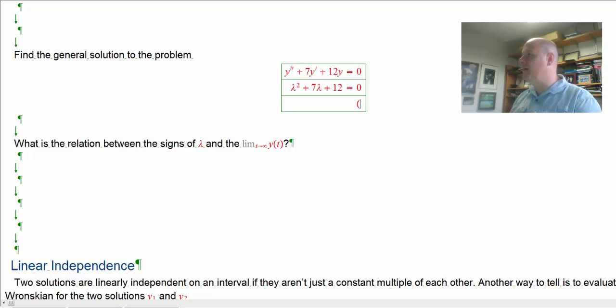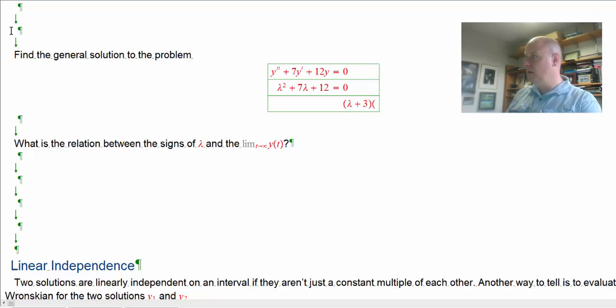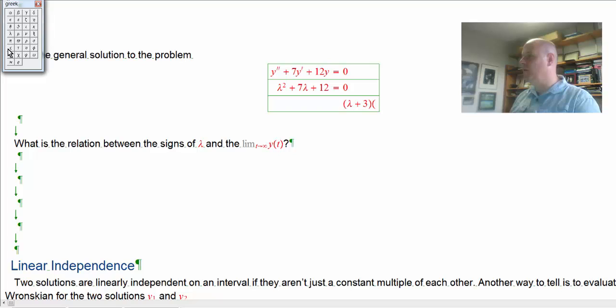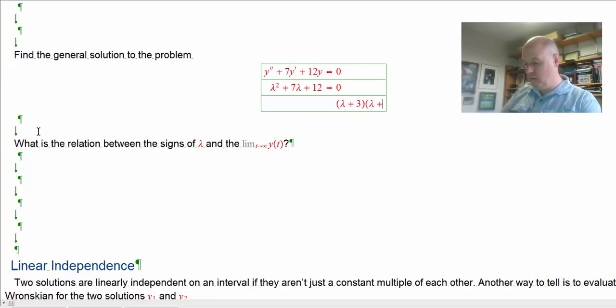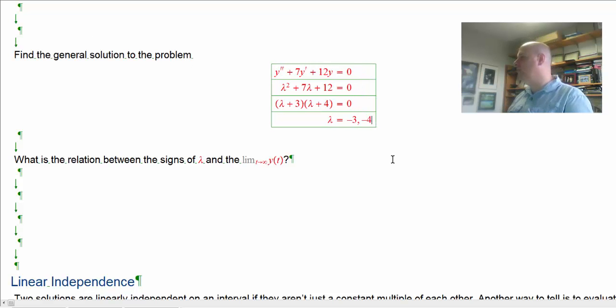In this case, I think I can just factor it, and I'm getting lambda plus 3 times lambda plus 4 equals 0. So lambda equals -3 and -4 as solutions to this auxiliary equation.